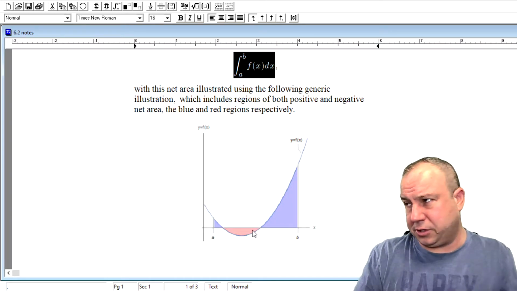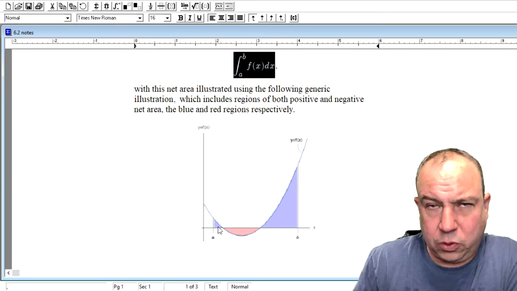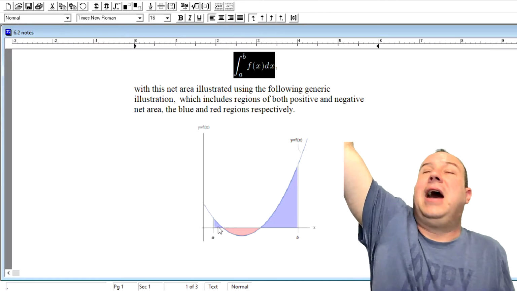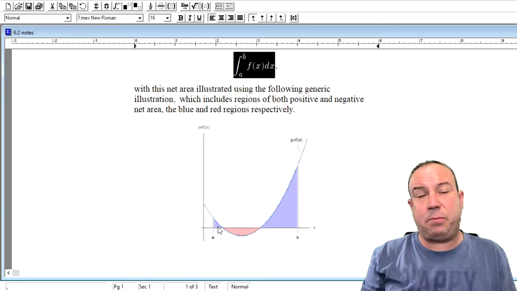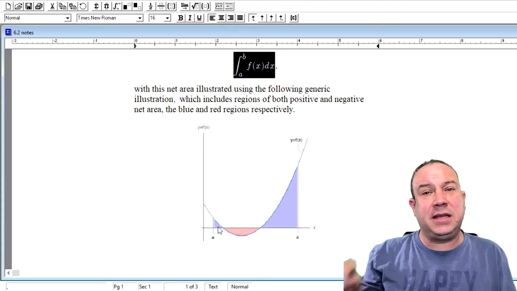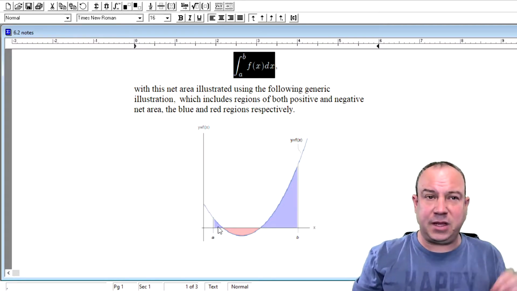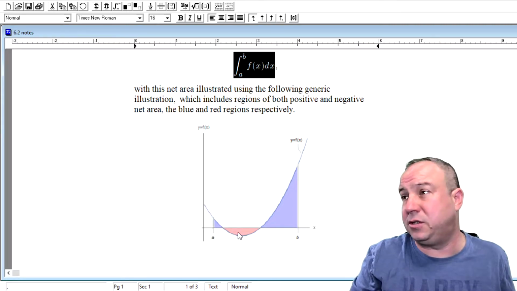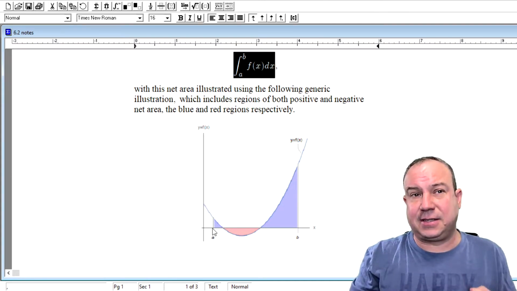The concept of net area involves not only indicating the physical amount of space, but also being an indicator of the direction in which that space forms. Here we have some space forming in the positive direction above the x-axis, and here we have some of this region forming, this net area forming below the x-axis.